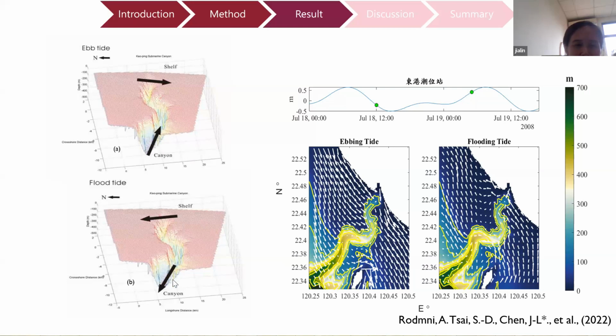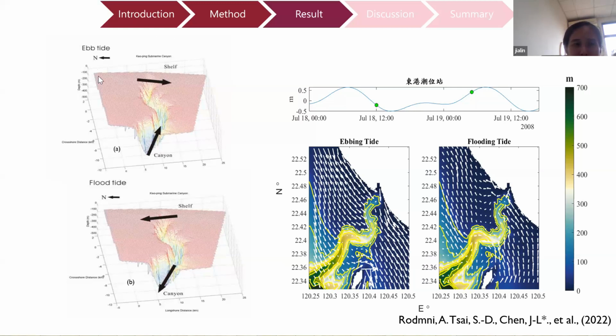If we look at the other black arrow inside the deeper part of the canyon, we can see that during the ebb and flood, the direction of the flow is also different. During the ebb, the flow in the canyon is going landward, but it's different from the river direction.